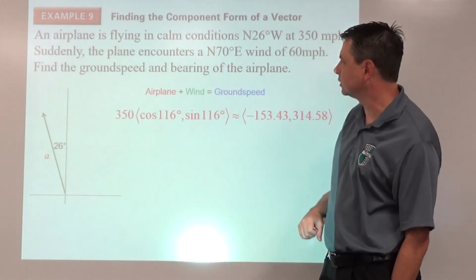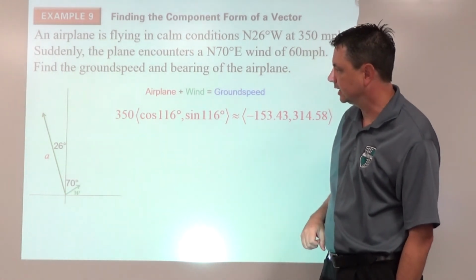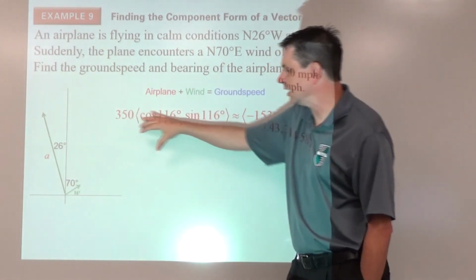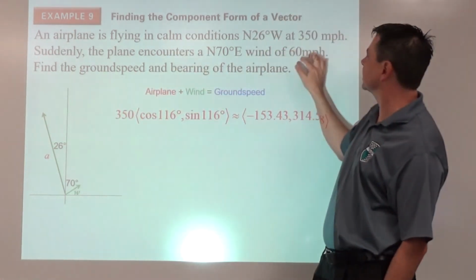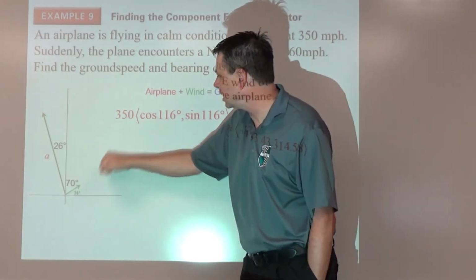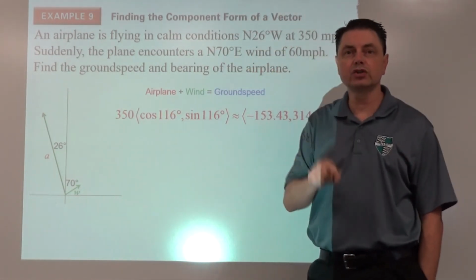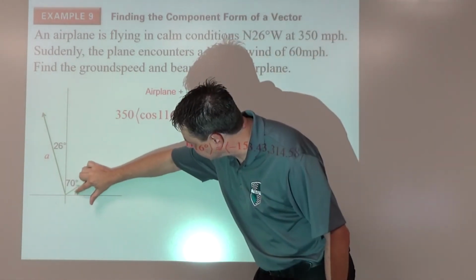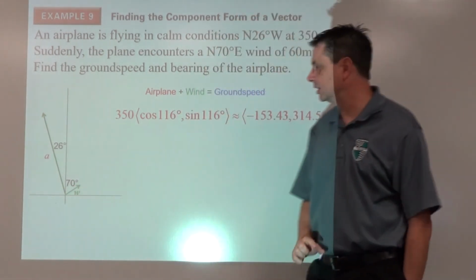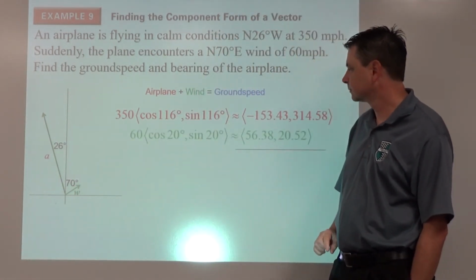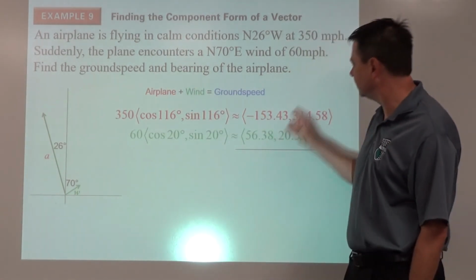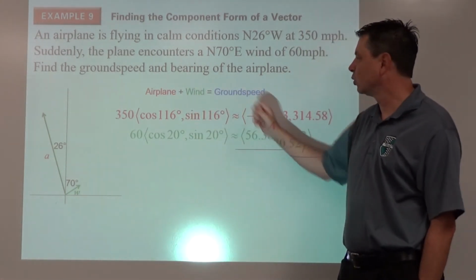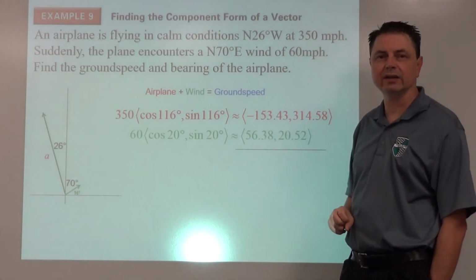So now the wind vector is there, and we're going to do the same thing here: 60, which is the magnitude, times cosine of the direction angle, which is this angle, 20 degrees. And then if we add those two vectors, adding the components, we're going to get the ground speed vector.